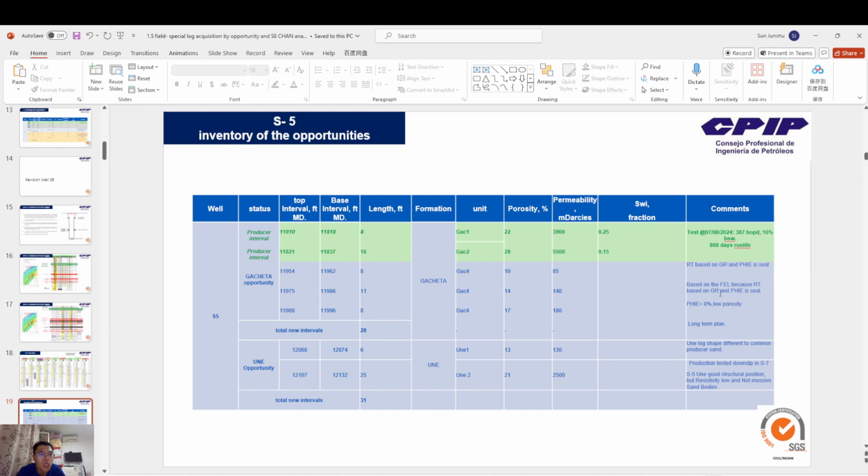The porosity is around 8%, low porosity. The Uni log shape is different in two commonly produced sands. The production tested down deep in S7, S5, Uni good structure position, but resistivity low and not massive sand body.